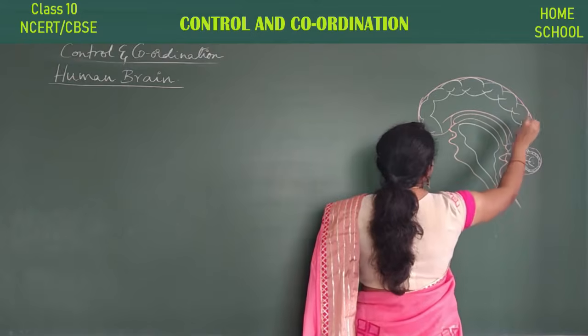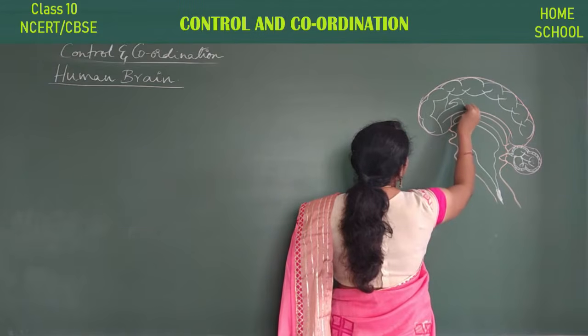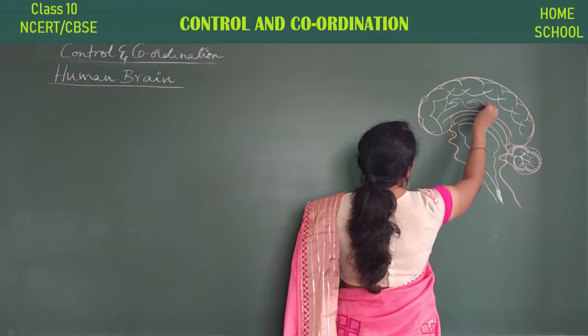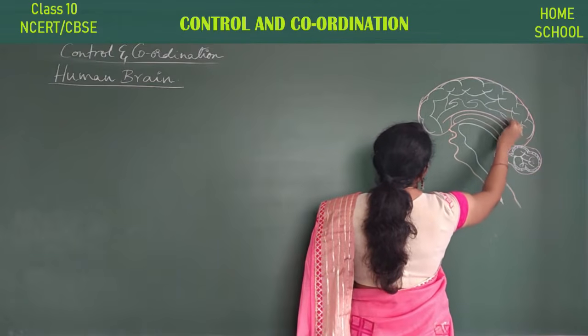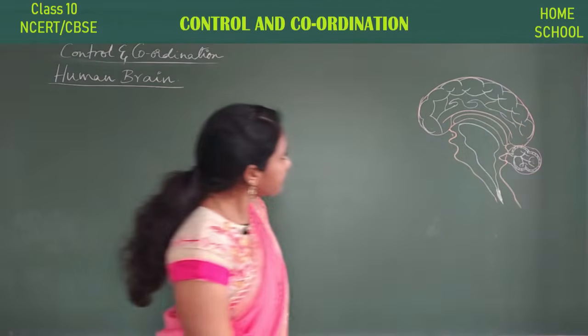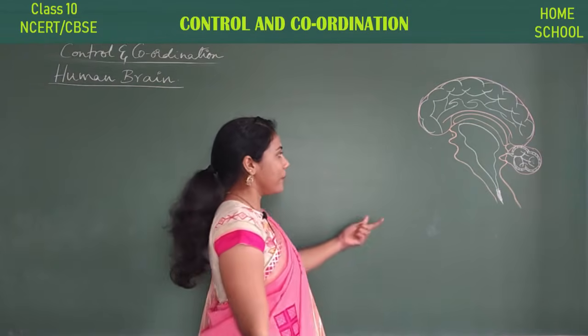Something like this. Okay, and then some Y-shaped structures, just something like this, right? Yeah. Okay, so this is your major thing about a brain.